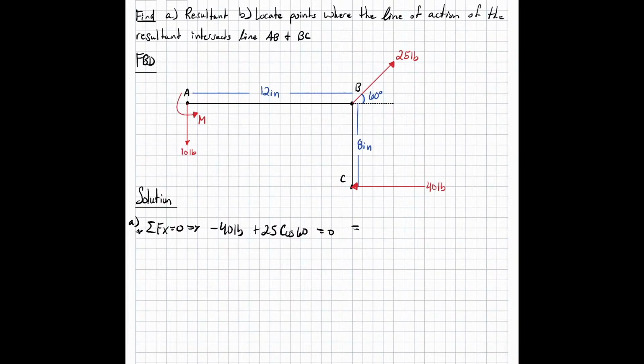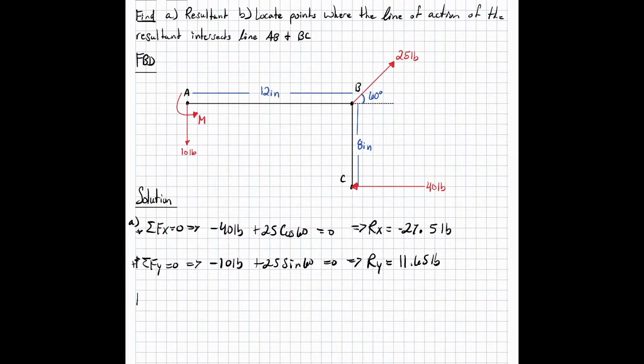That comes out to an Rx value of negative 27.5 pounds. Sum of forces in the y direction equal to 0, positive going up. We get negative 10 pounds plus 25 sine of 60, which gives an Ry value of 11.65 pounds.